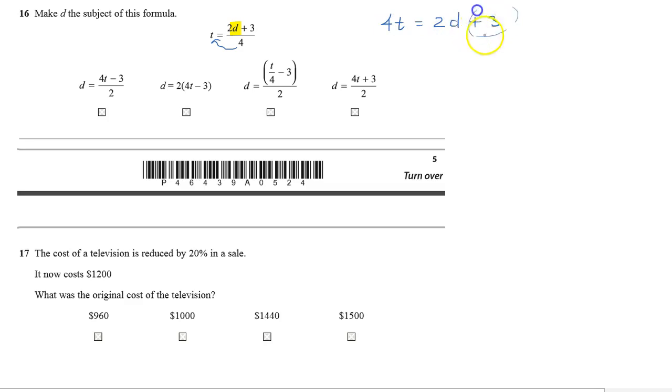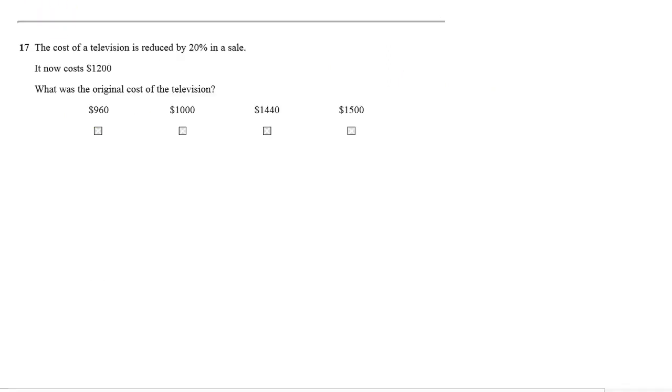Now we have 3 with this thing, so we take 3 this side. 4T, this is plus 3, it will become minus 3 is equal to 2D. Now we have 2 with this D, so we divide each side by 2. So D is 4T minus 3 divided by 2. So that is the answer.